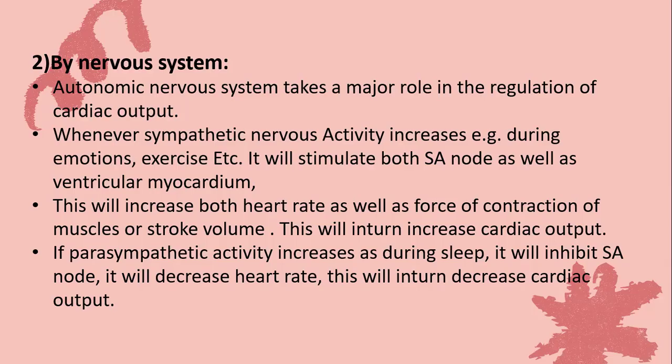Both stroke volume and heart rate will be increased, so this will increase the cardiac output. With parasympathetic activity, the opposite mechanism occurs, so the cardiac output decreases because heart rate and stroke volume get dropped.